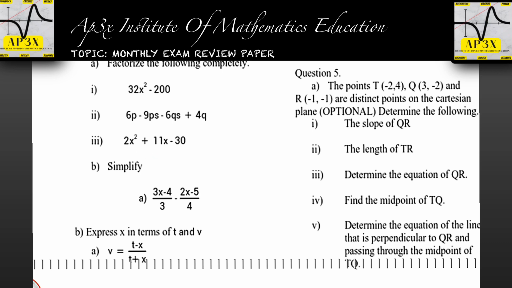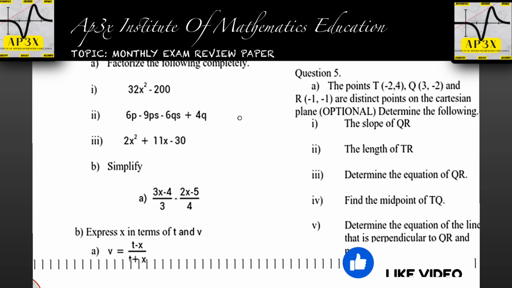A quadratic equation has a certain look, grouping has a certain look, difference of two squares has a certain look, HCF method has a certain look. So all you guys had to do was to determine which one of the factoring techniques would be required to simplify each of these questions.